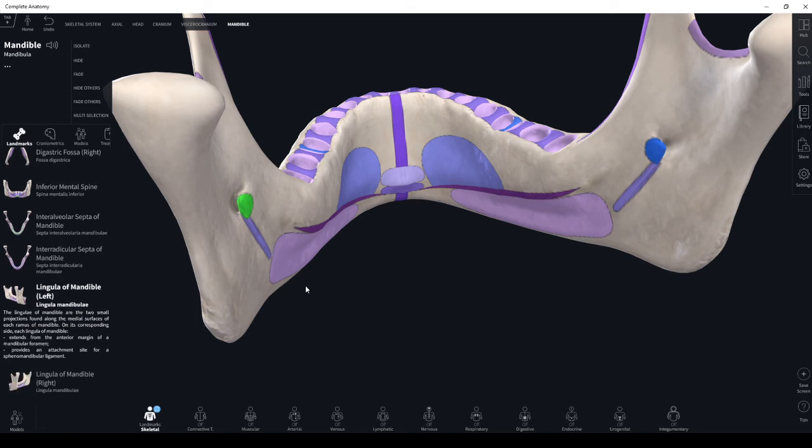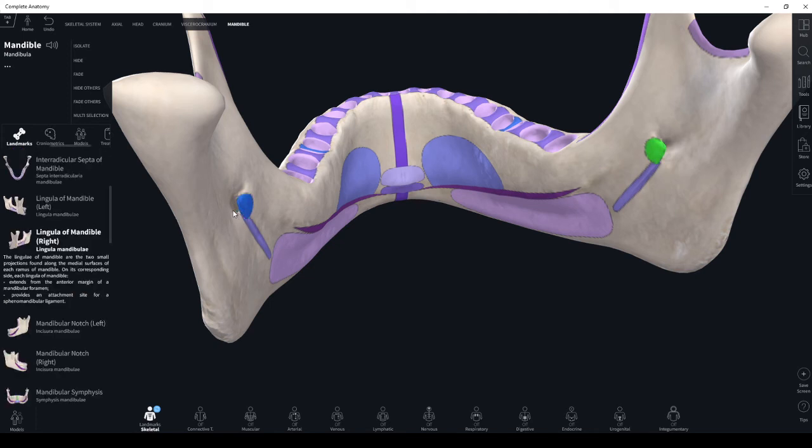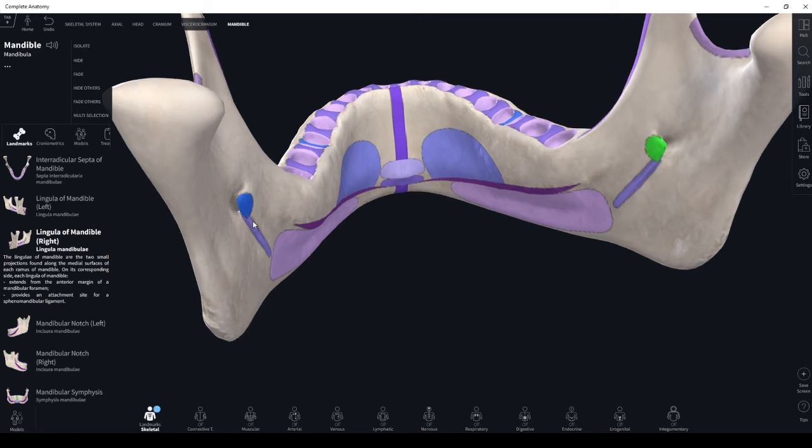These are two small projections found along the medial aspect of each ramus of the mandible, each lingula partially covering the foramen mandibulae.